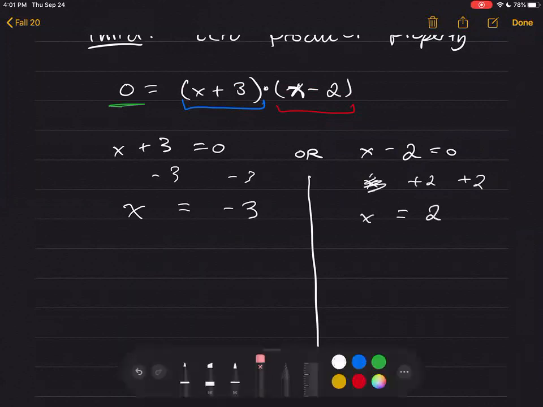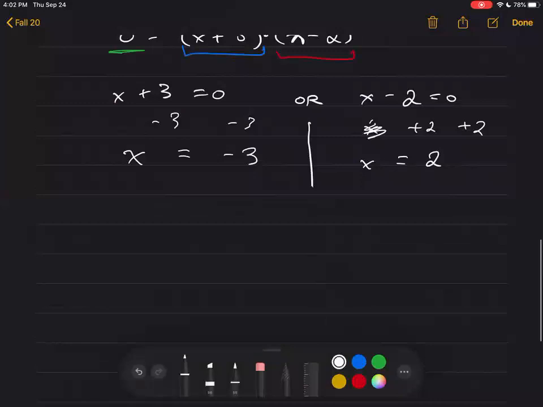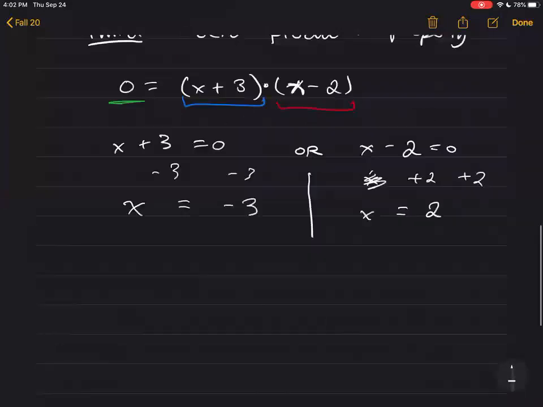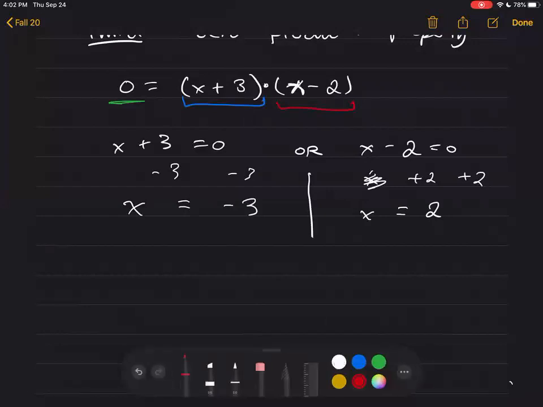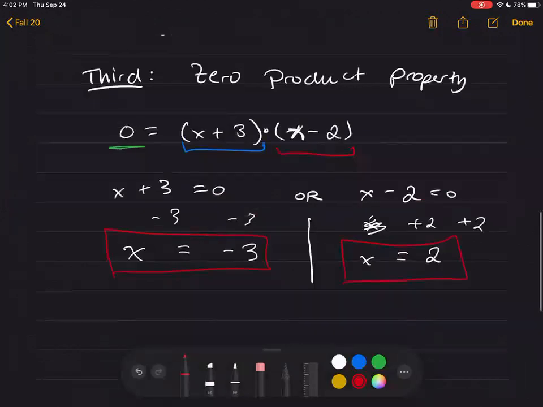So these are two answers. When we're solving quadratics, oftentimes you will find that there can be more than one solution.